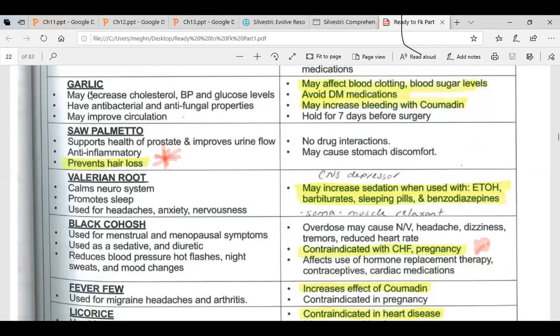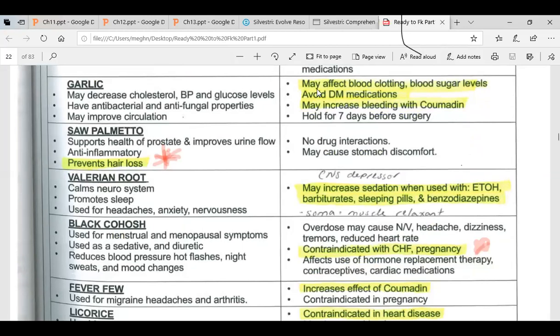Garlic may decrease cholesterol, blood pressure, and glucose level. So a person who takes raw garlic for a long time, their blood cholesterol goes down, their blood pressure goes down, blood glucose level goes down.